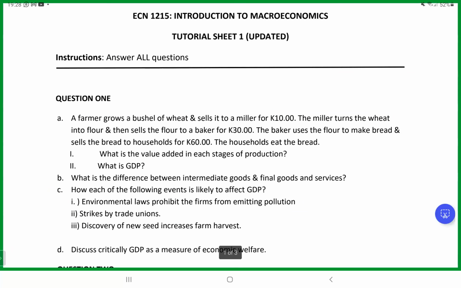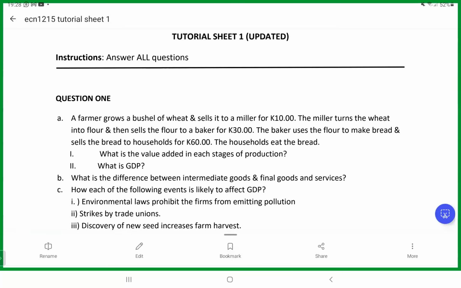Here is the question. Question number A says, a farmer grows a bushel of wheat and he sells the wheat to the miller for 10 kwacha. Okay. Then the miller will turn the wheat into flour and then sell the flour to a baker for 30 kwacha. Then the baker will use the flour to make bread and he will sell the bread to the households for 60 kwacha.